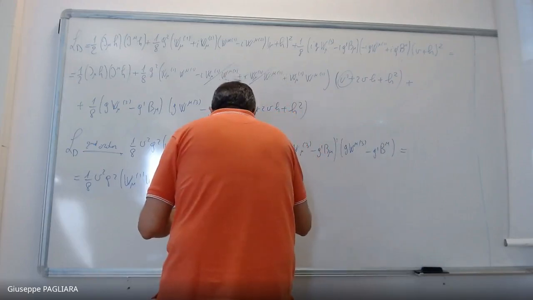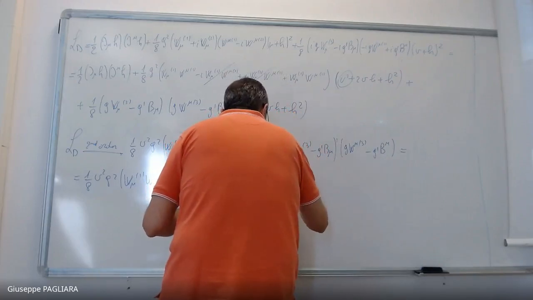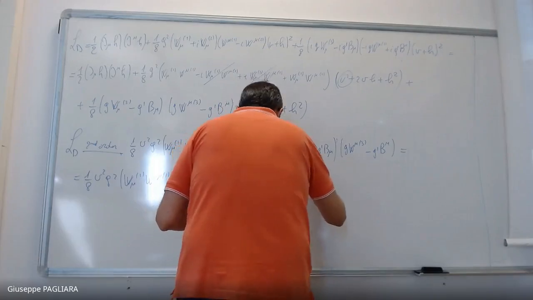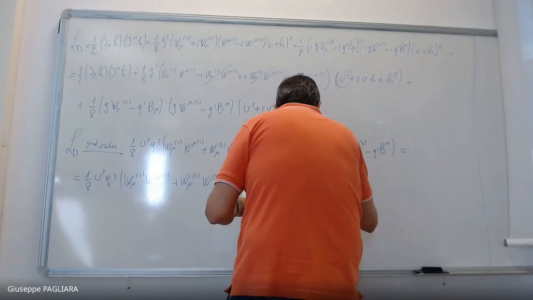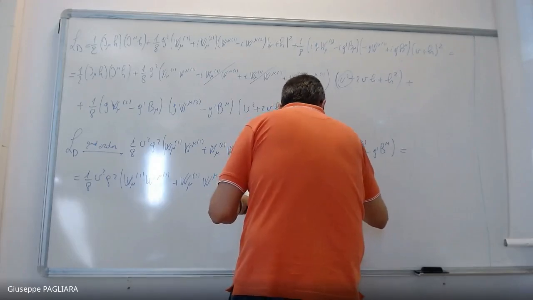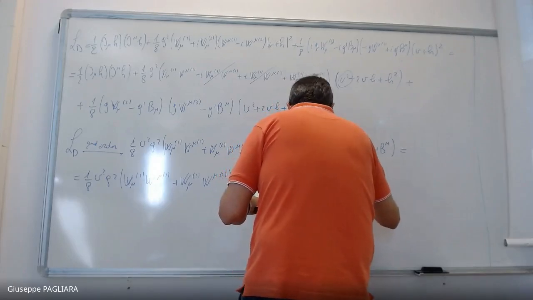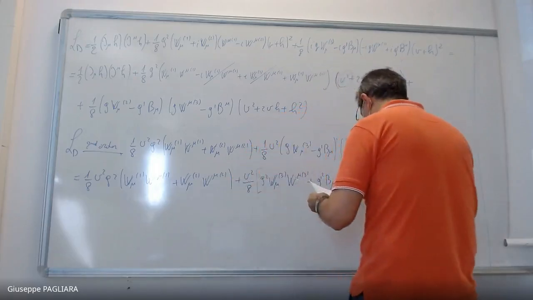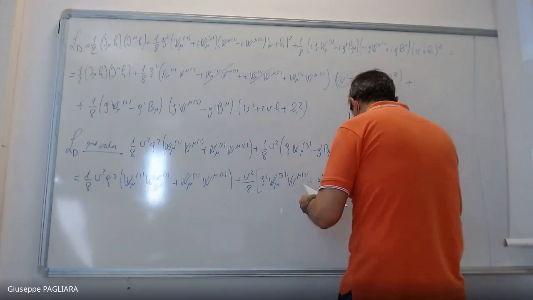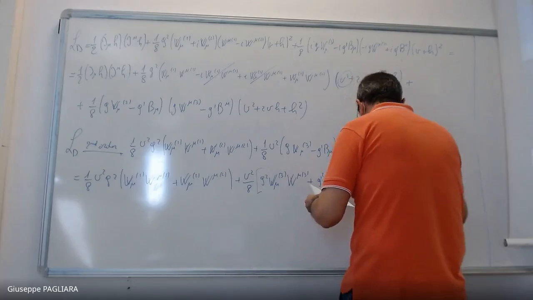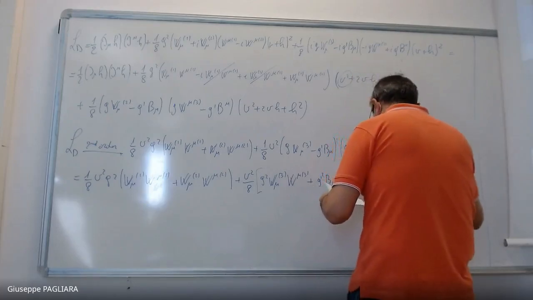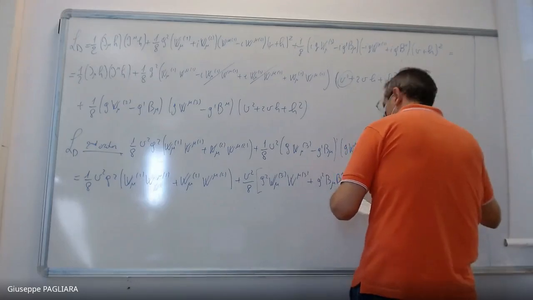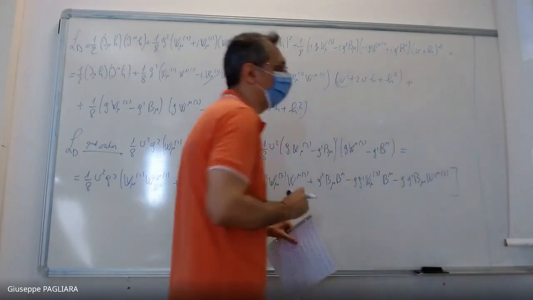So we have v squared (g squared W3 W3 plus g' squared B^μ B_μ minus g' g W3 B minus g' g B W3). Okay, we did it.